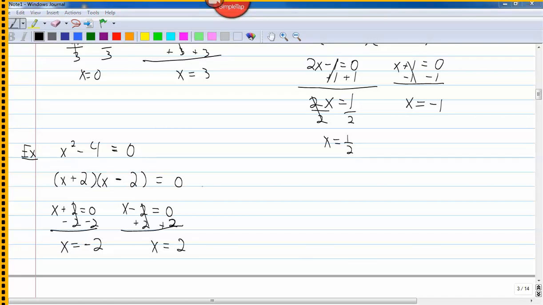Now, the square root method, or the square root property is what your book calls it, doesn't work for every type of quadratic equation.